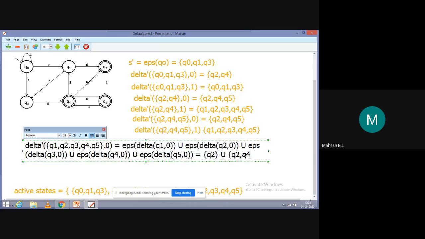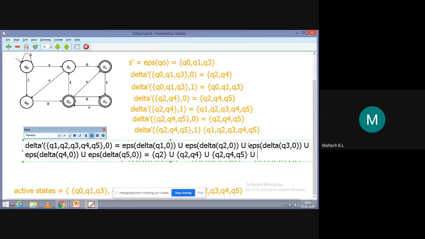Then we have Q4, 0. What is Q4, 0? Q4, 0 is Q5. What is epsilon of Q5? Q5, Q4, Q2. So we have Q2, Q4, Q5.